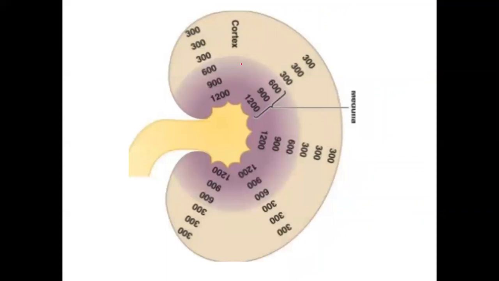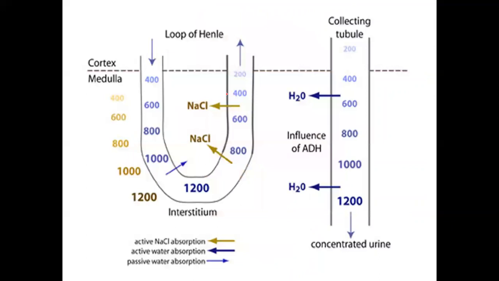See, look at this. This is the outer cortex area. In this, the osmolarity is 300 only. And this is the outer medullary area, and this area, the dark purple area, is the inner medullary area. So this 1200 milliosmol osmolarity is because of the circulation of NaCl. Collecting ducts are also helping in this. How are collecting ducts helping in it? A certain amount of the urea is also reabsorbed in this area.